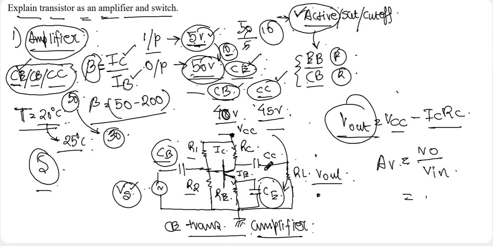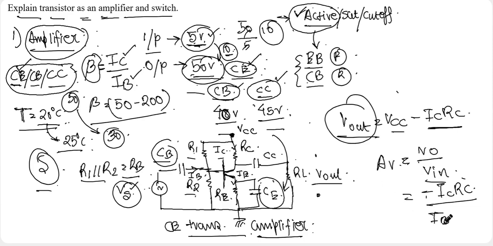So this V output is equal to IC into RC. Okay. This V output is equal to IC into RC, but there will be a minus sign at the first. And the V input is equal to this current flowing here, IB, and this R1 and R2 form a parallel combination to give us the base resistance RB, and so the input voltage will be IB into RB.